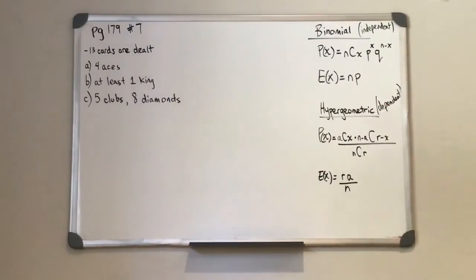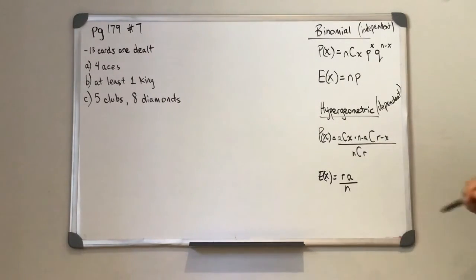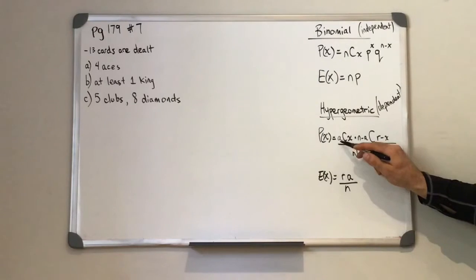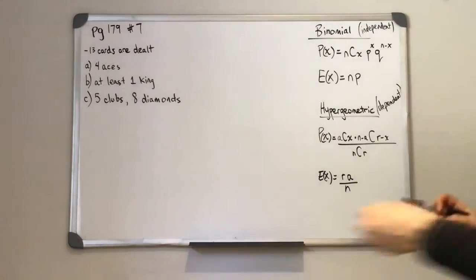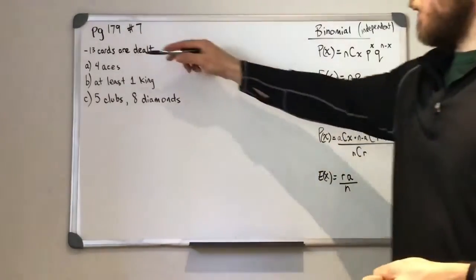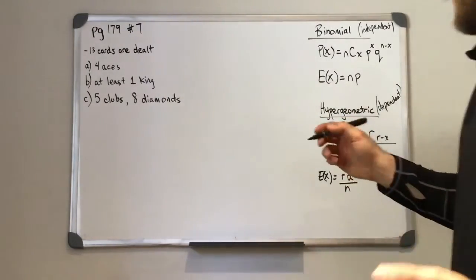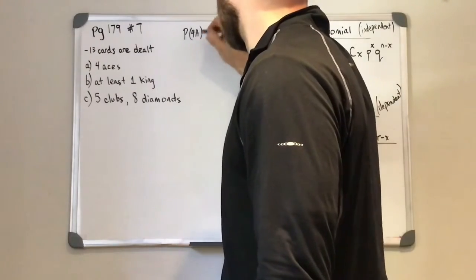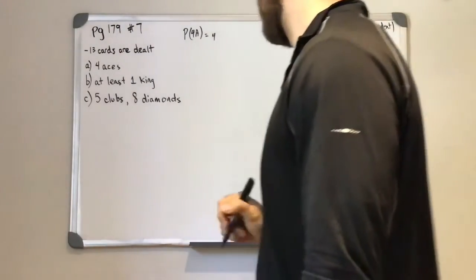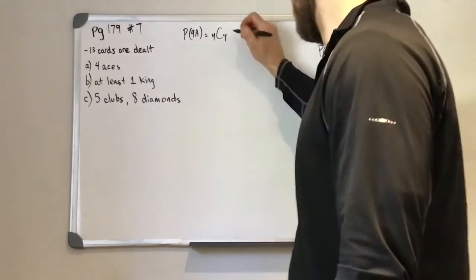All right, I had to edit my video there. This should have been an A and not an N. The A stands for how many possible successful things there are to grab from. There are 4 total aces in a deck of cards, and we're finding the probability of getting all 4.